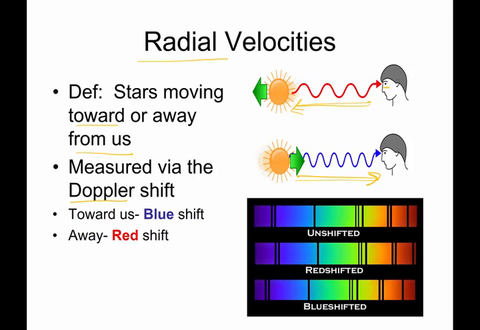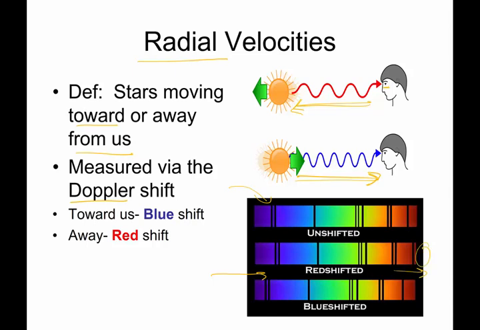So stars that are moving away from us are going to be redshifted. Redshifted means that, let's say that these lines are the Fraunhofer lines or these spectral lines of hydrogen, and when a star is moving away from us, those same lines are present, but they are just shifted a little bit towards the red end of the spectrum.